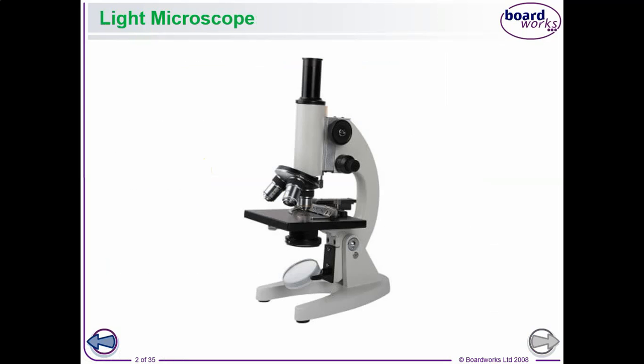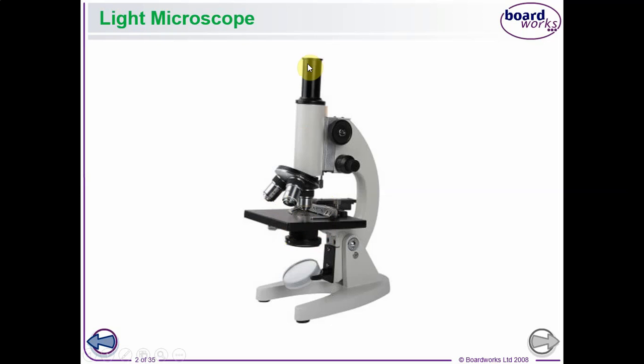Here is the light microscope. In the last session, we revised the labels of the light microscope that we use in class. Let's take a quick review on that. First of all, you have to adjust the low power objective lens on your slide.